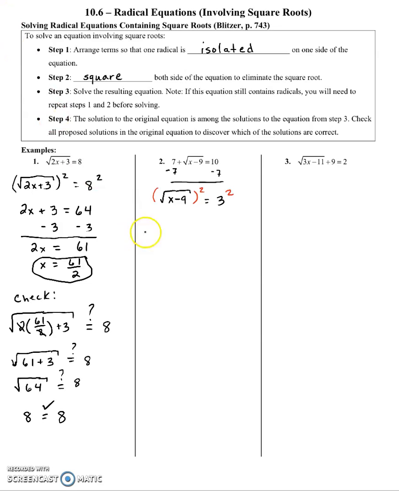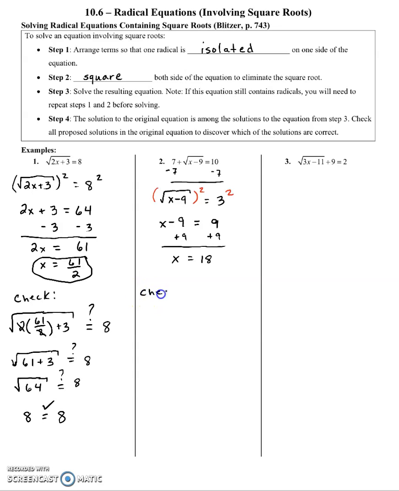So once we square both sides of the equation, that leaves us with x minus 9 equals 9. And then we add 9 to both sides. So we get x equals 18.